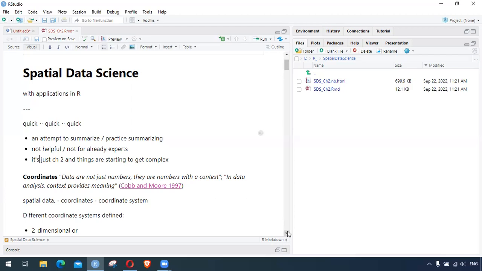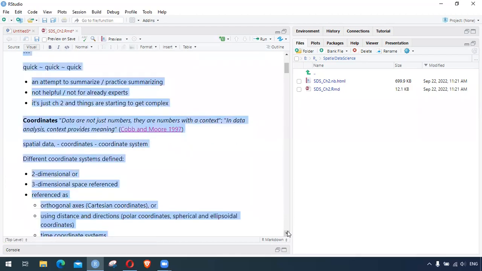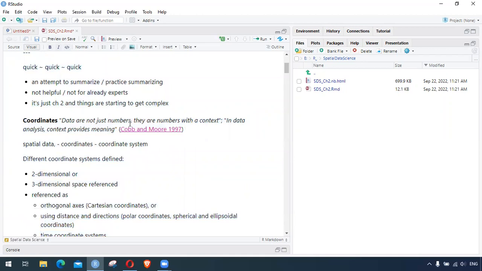The chapter opens with a nice quote. It says, "Data are not just numbers, they are numbers with a context. In data analysis, context provides meaning." And in the case of spatial data, we have the coordinates and the coordinate system. We have different coordinate systems.